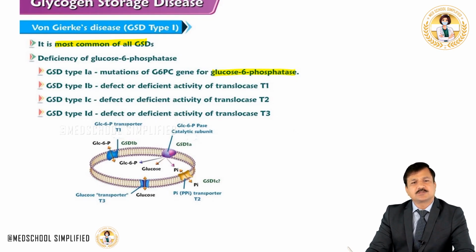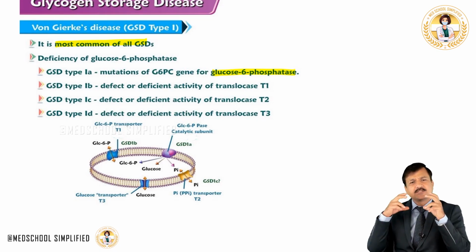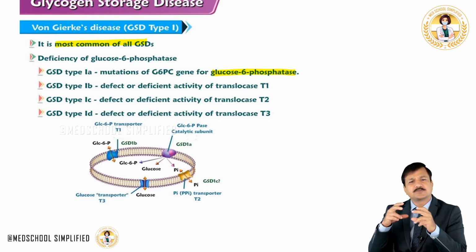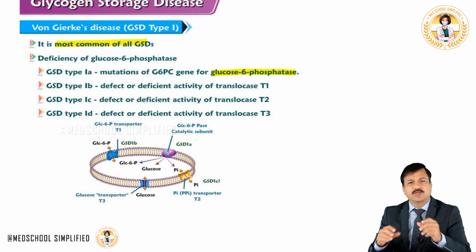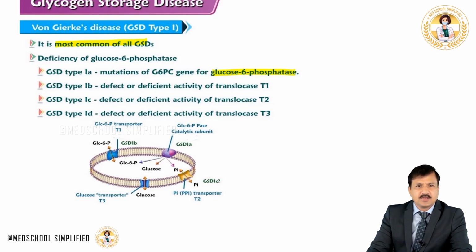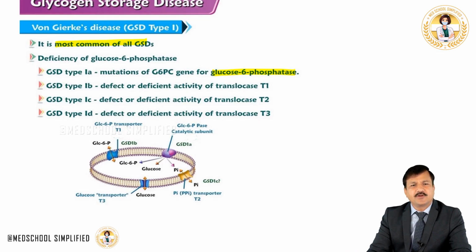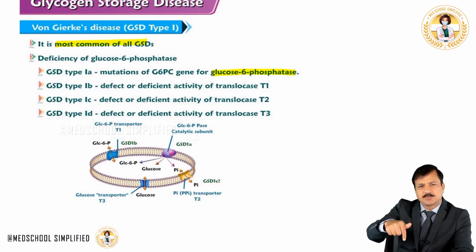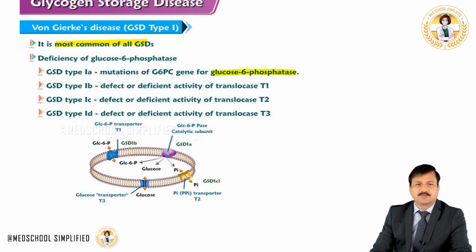Now this glucose 6-phosphatase enzyme is located in the membrane of the endoplasmic reticulum, as it is shown here in the figure. Since it is located in the membrane of the endoplasmic reticulum, especially towards the lumen, glucose 6-phosphate from the cytoplasm has to be transported into the lumen of the endoplasmic reticulum.